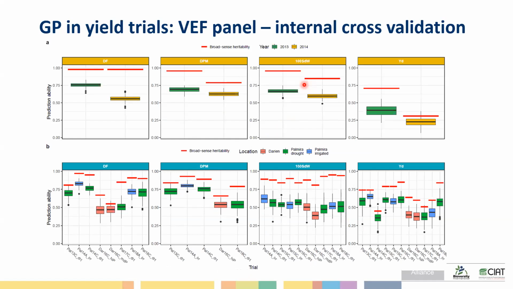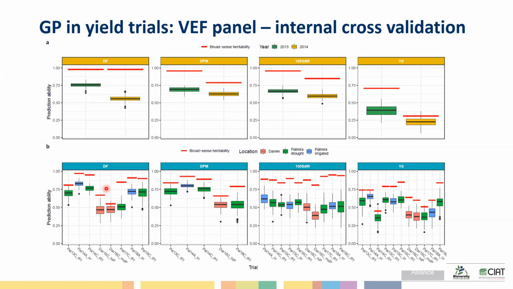Now we are looking at the cross-validation data for each of the trials conducted in both populations. It's interesting to see how the traits that we know are controlled by few genes, such as days to flowering and days to physiological maturity, present a higher prediction ability with an average between 0.5 and 0.75.